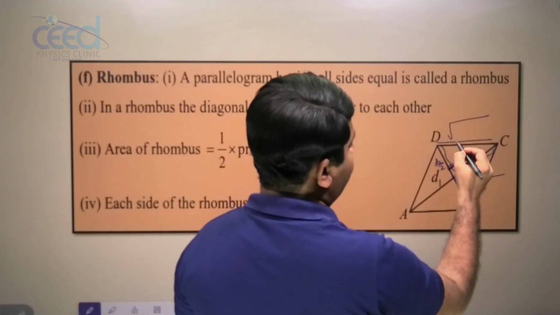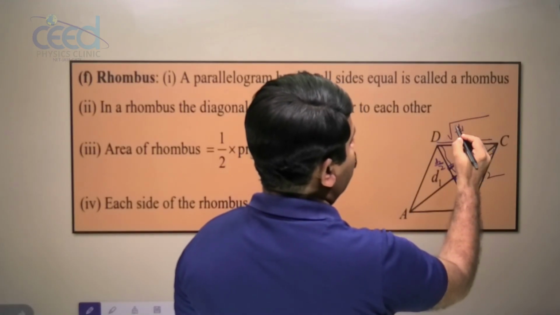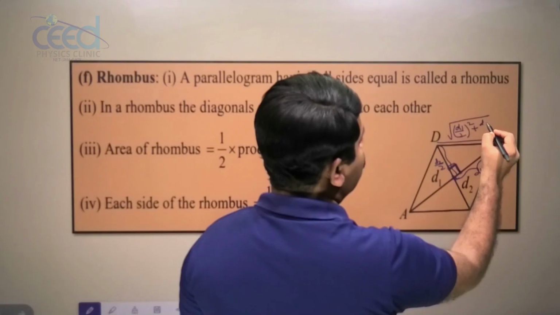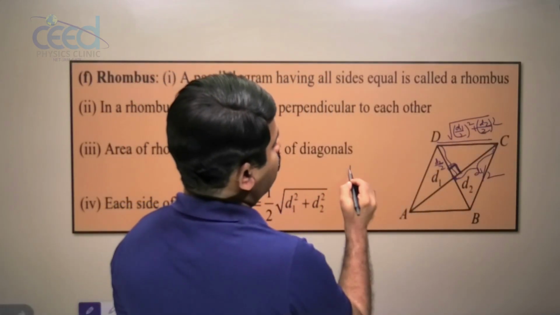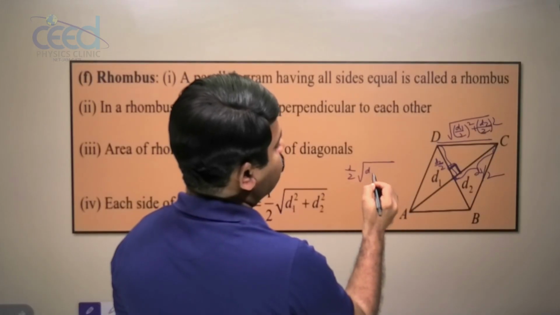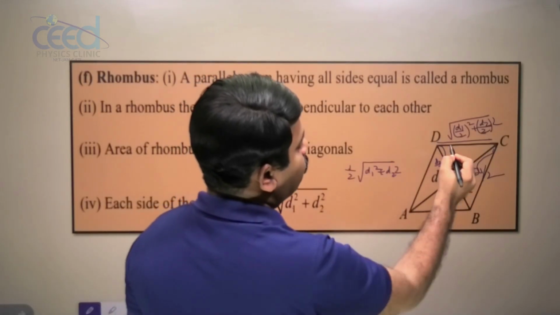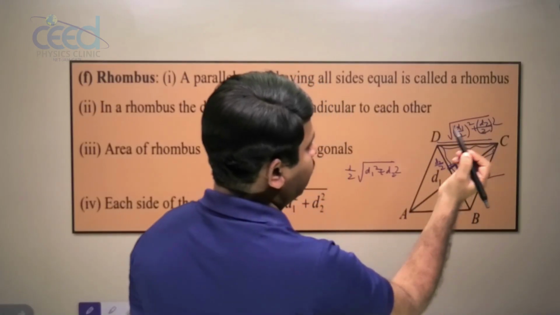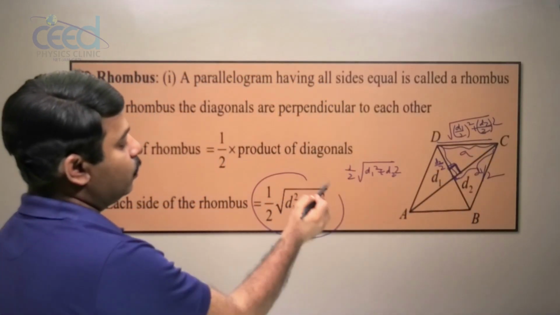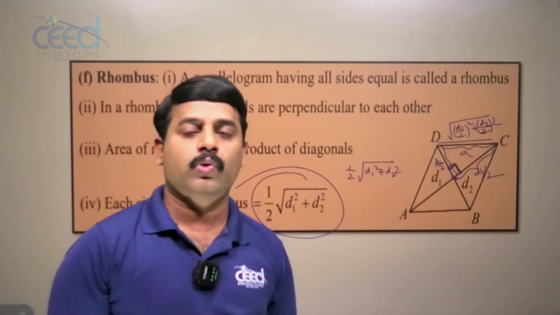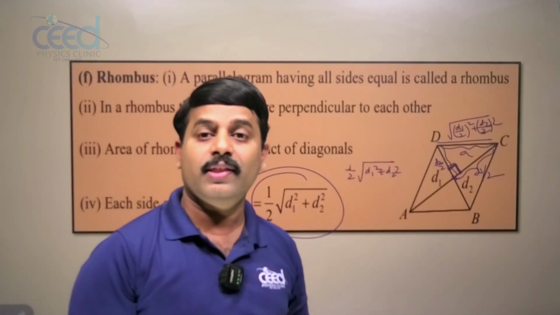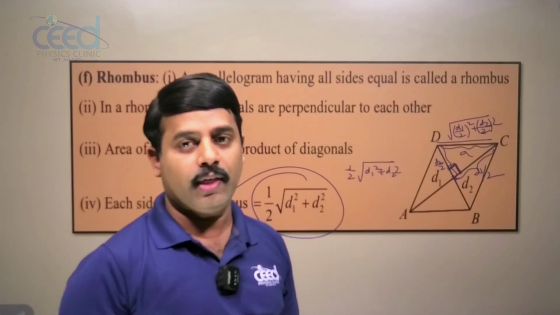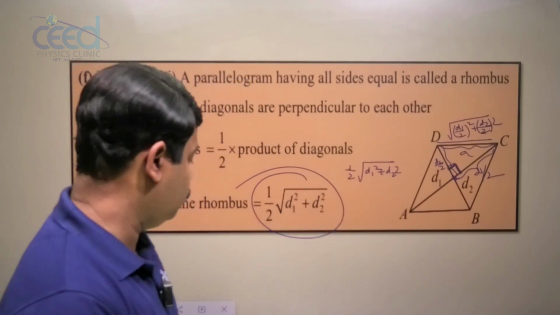I can take this as square root of (d1 by 2) whole square plus (d2 by 2) whole square. Then you can take 1 by 2 out: 1 by 2 square root of d1 square plus d2 square. That is the rhombus side length, right? That is the side length of a rhombus in terms of diagonals d1 and d2, alright.